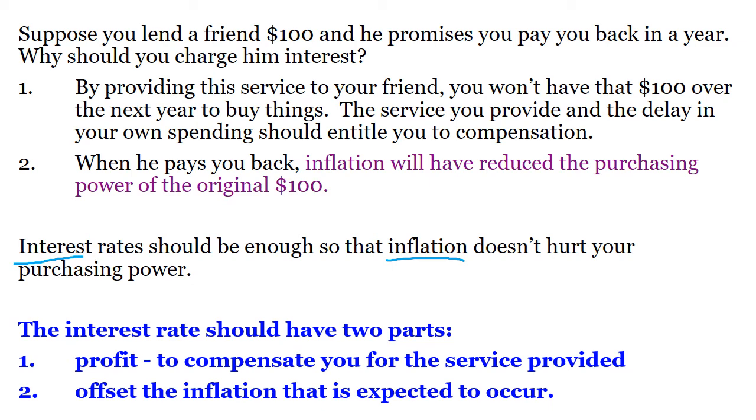There's going to be inflation. So if you think inflation is going to be 3%, and you want to earn maybe 2% profit, then you add those two parts together and you would charge 5% interest. Banks and people should think the same way in terms of loans.